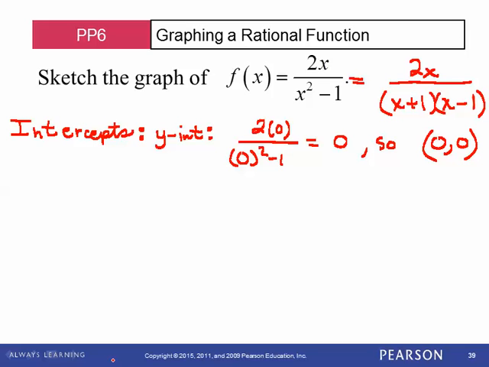Alright, what do we do to find the x-intercept? Let's talk about it here, and then I'll erase a little bit as we go. To find the x-intercept, let me do it this way, and then I'm going to erase it to show you a little something. That means I set y equal to 0. In order to solve for x, I would have to multiply both sides by x squared minus 1, right? But what's x squared minus 1 times 0? Still 0.